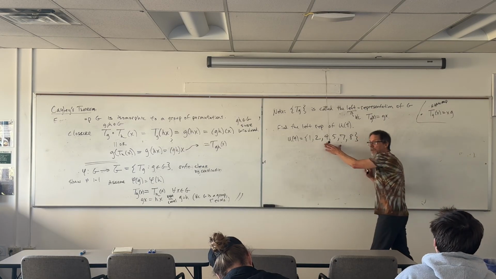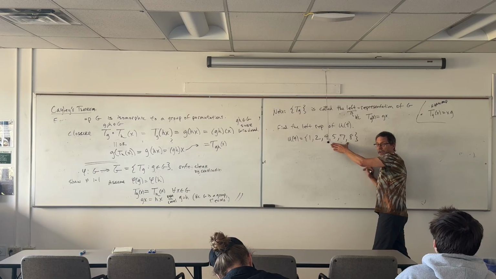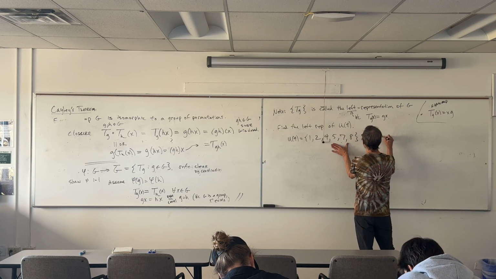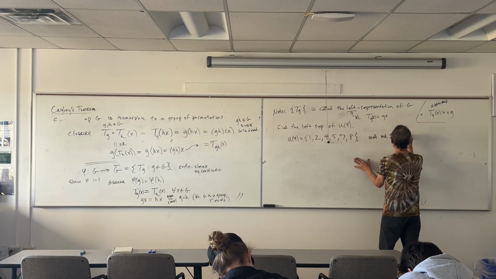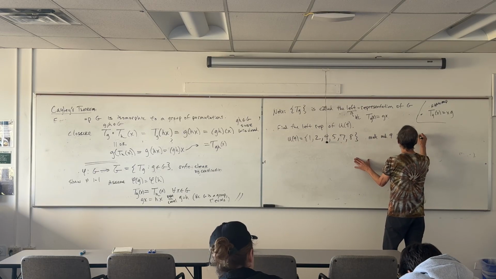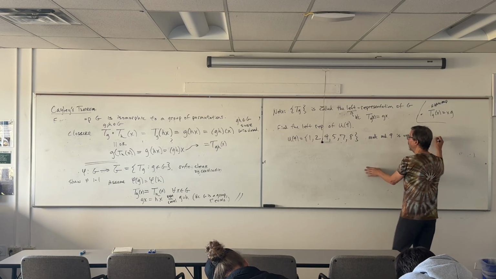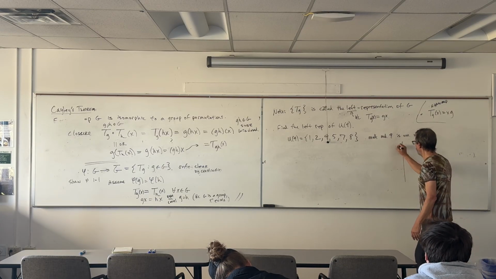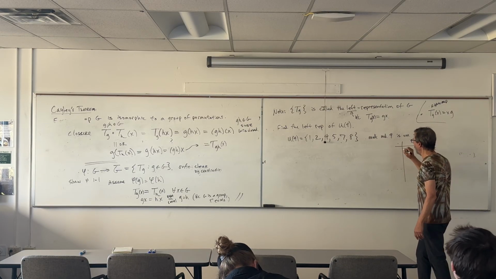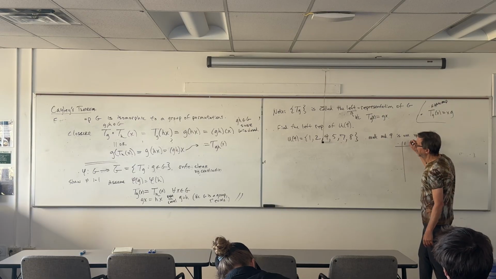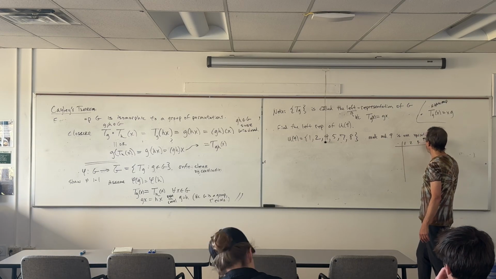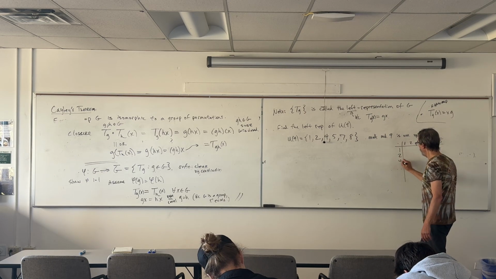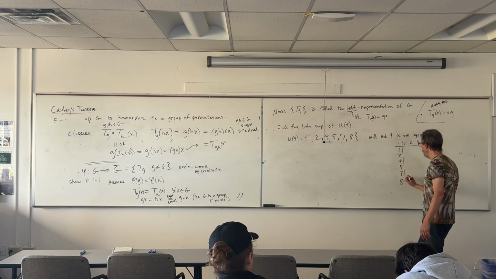So is everybody cool with this? And then multiplication is our action here. Multiplication mod 9 is our operation on this group. And let's actually just do a quick, because I want to show you something really cool. Let's start a Cayley table. 1, 2, 4, 5, 7, 8 across the top and down the side.